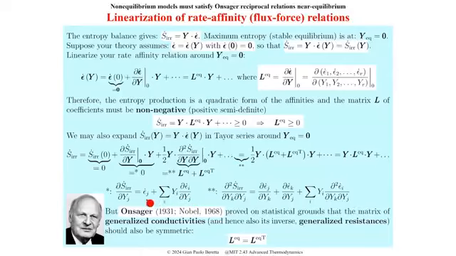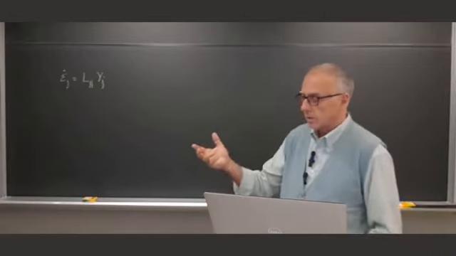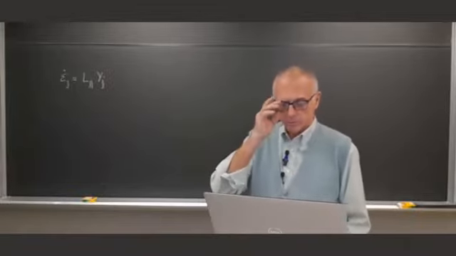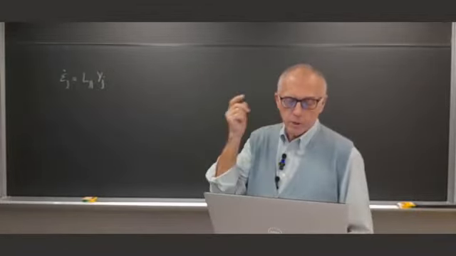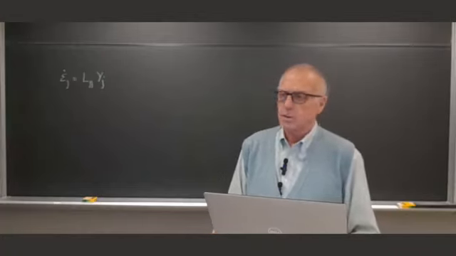And at equilibrium, the epsilons are 0, the y's are 0, so this is 0. That is why this first term, the linear term in the entropy, disappears, showing that indeed we are at a maximum or a minimum. The derivative is 0.